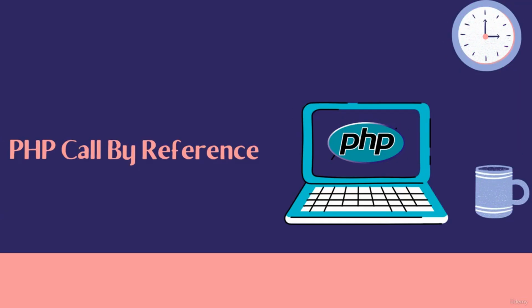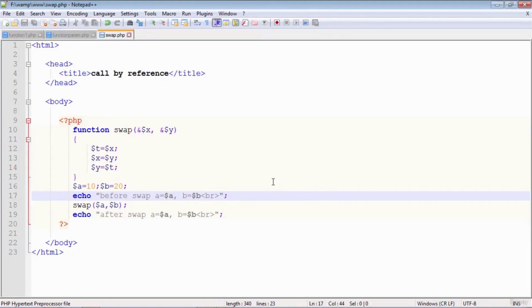The function that you define, to which the arguments can be passed or have to be passed, the arguments can also be passed by reference. So what is the call by reference mechanism in PHP? This PHP script is written to demonstrate the mechanism of calling a function by reference in PHP.